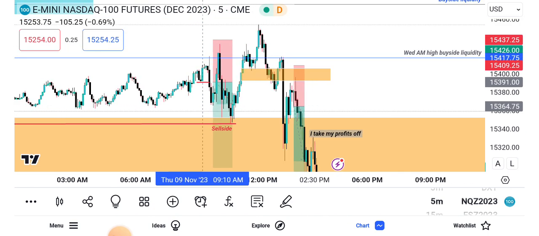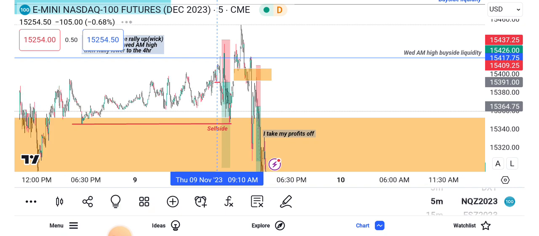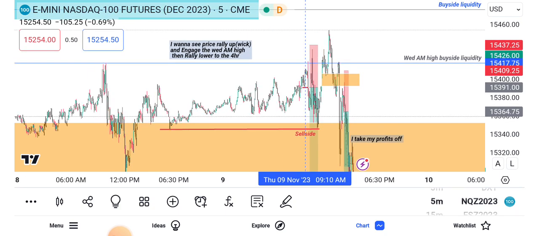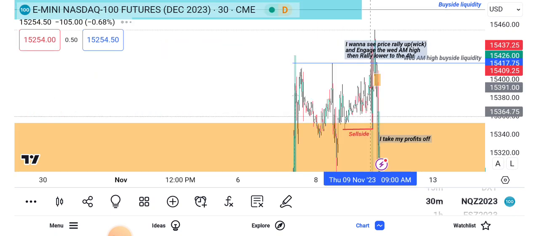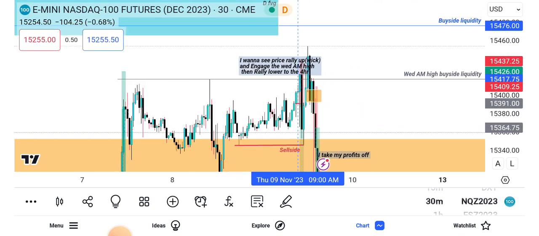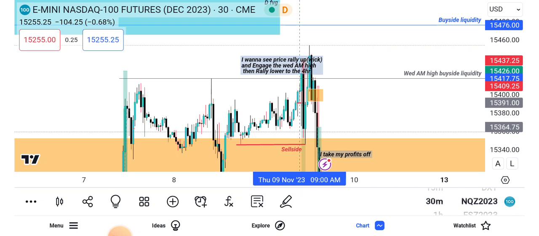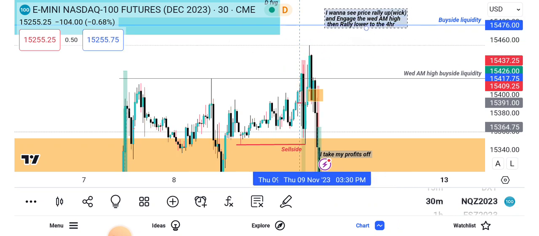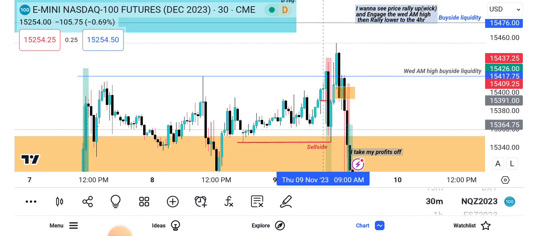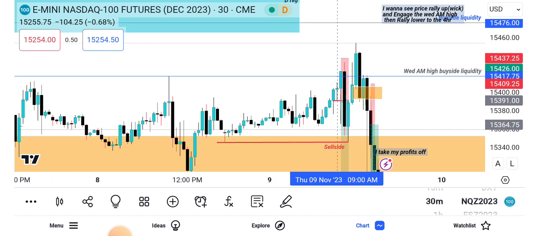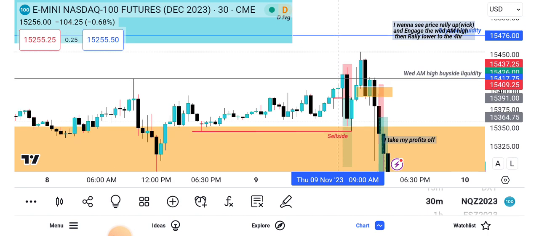So here above here, around 9:30, let's go to a higher time frame. This buy side liquidity was taken, so the market retraced higher again.